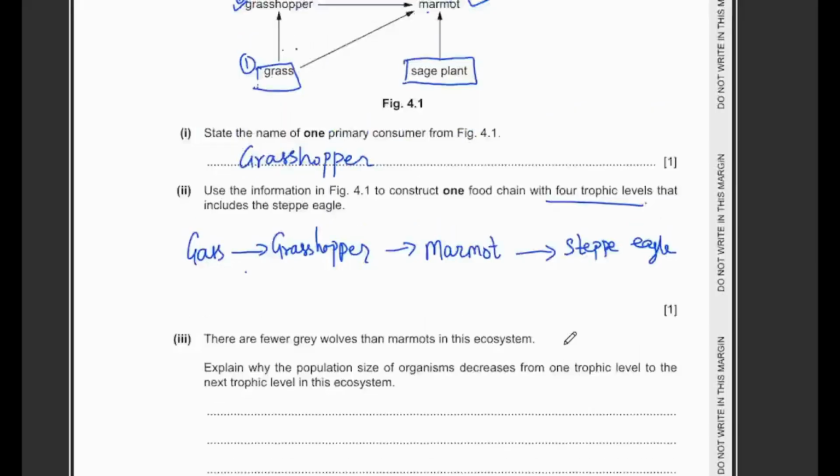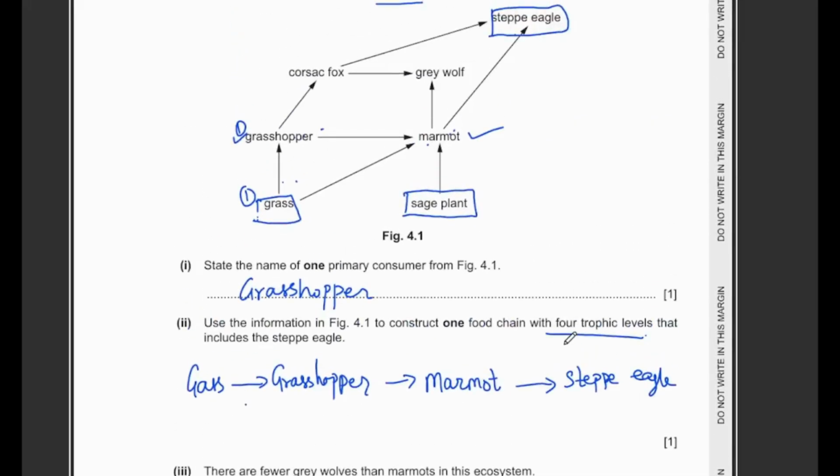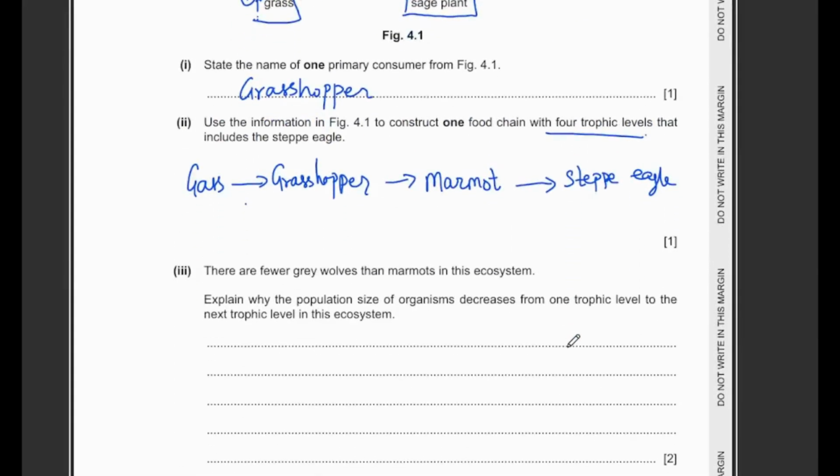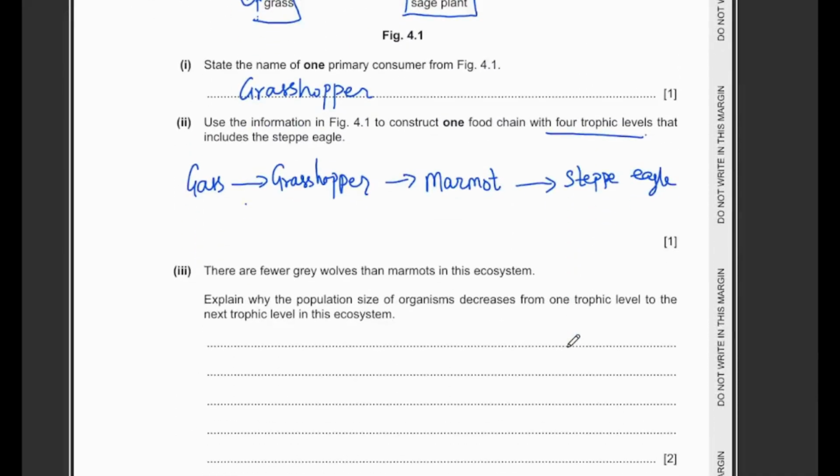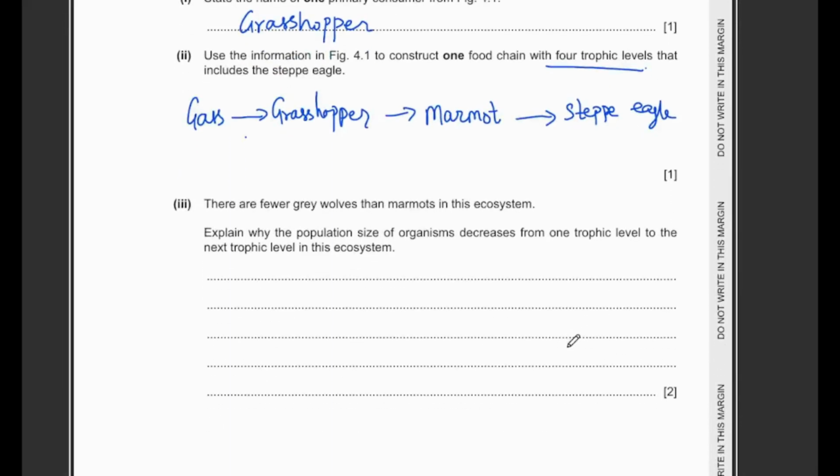Few gray wolves than marmots in the ecosystem, and explain why the population size of organisms decreases from one trophic level to the next trophic level in the ecosystem. So what will be the idea behind this?